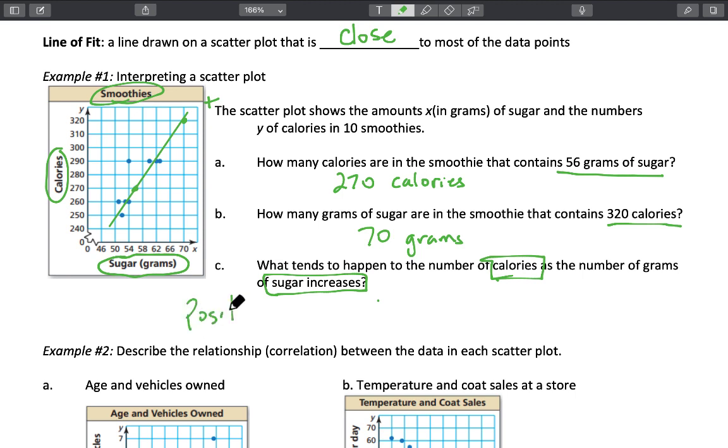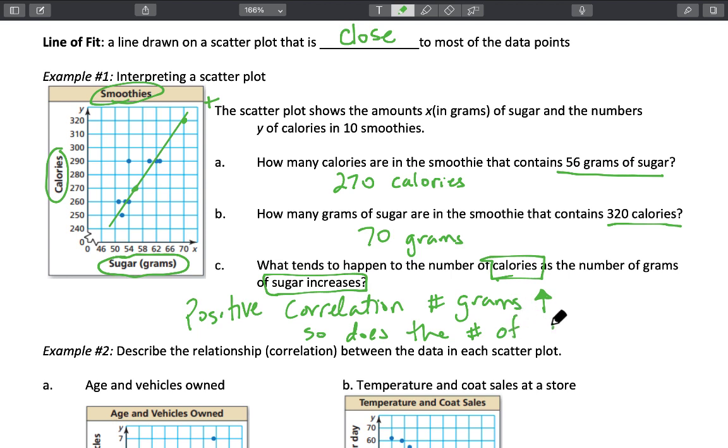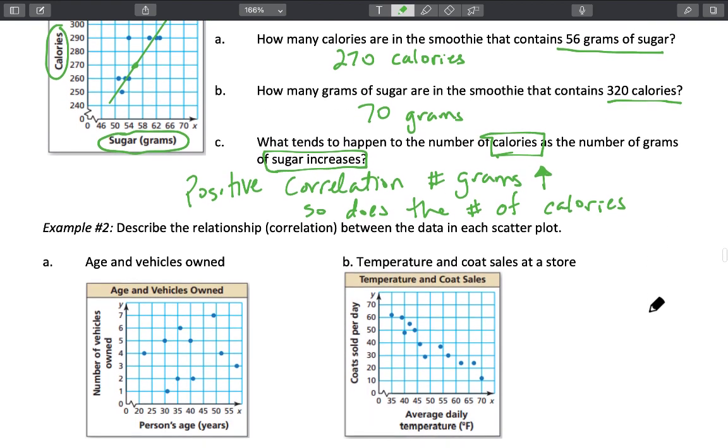So it's a positive correlation, and that means as the number of grams increases, and I'm going to draw an up arrow here indicating that it's increasing, so does the number of calories. All right, so this is a positive correlation between grams of sugar and calories. As grams increases, so do the calories.